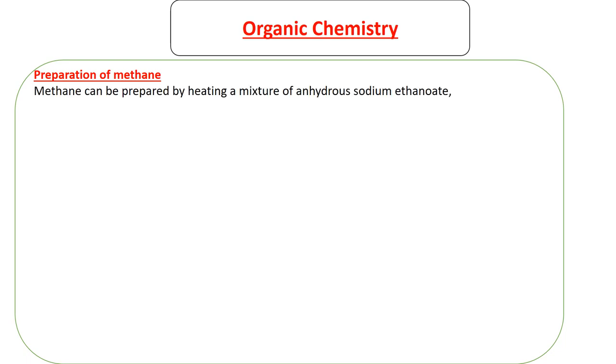So methane can be prepared by heating a mixture of 2 substances, one being anhydrous sodium ethanoate, which is written like this, and soda lime, which is sodium hydroxide. So soda lime is the trivial or the common name of sodium hydroxide.